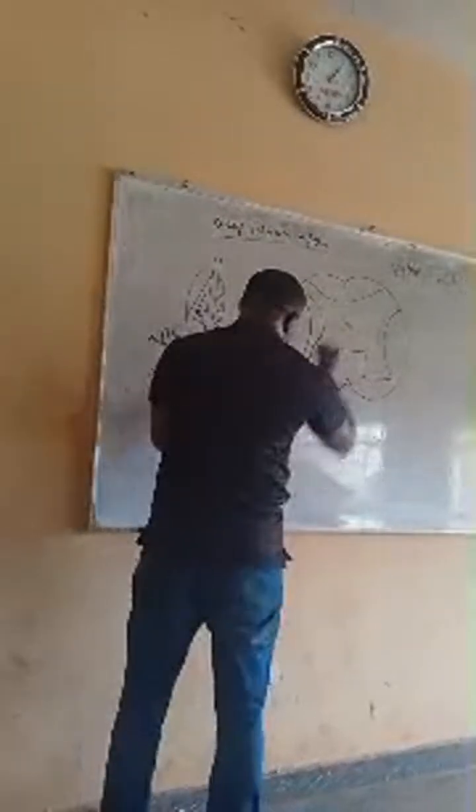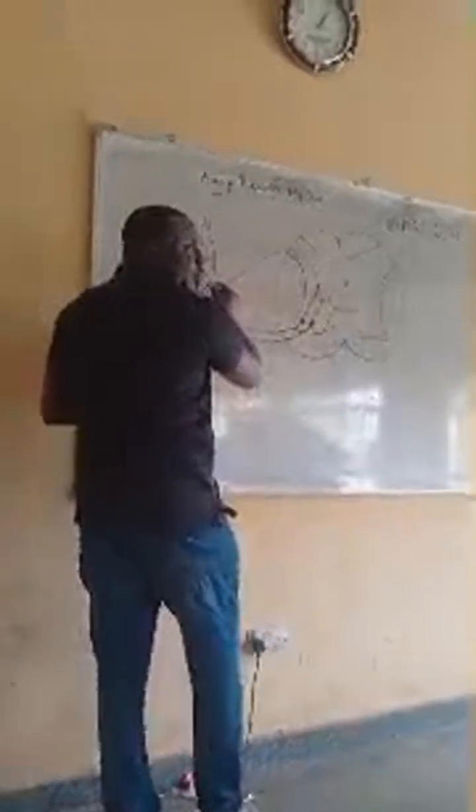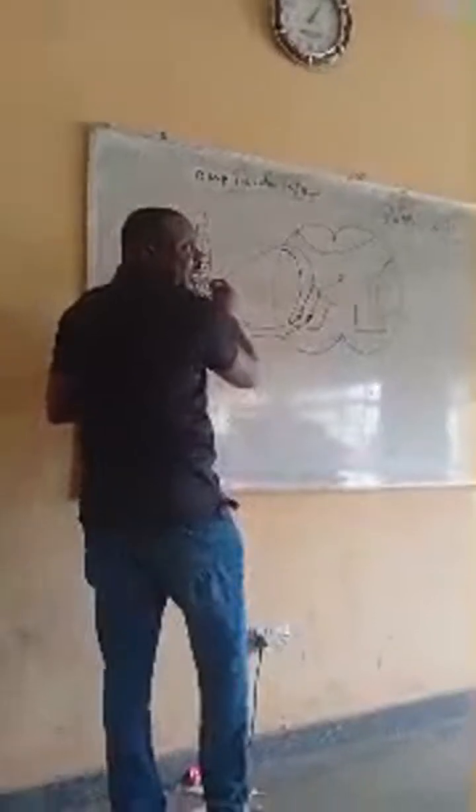It can also send an impulse to another interneuron, which will also stimulate an alpha motor neuron that will come to this other muscle. What do we call this muscle? The antagonistic muscle.